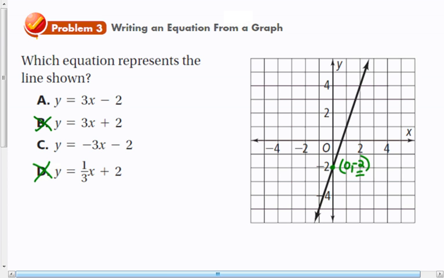And then all we have to do is find the slope. So find another place where this point touches. Find the rise and the run. Looks like we're going up 3 for every 1 we go over. So rise divided by run is 3 divided by 1, which is 3. Since C is -3, we're going to cross that out and we're going to choose A. Can you try that?